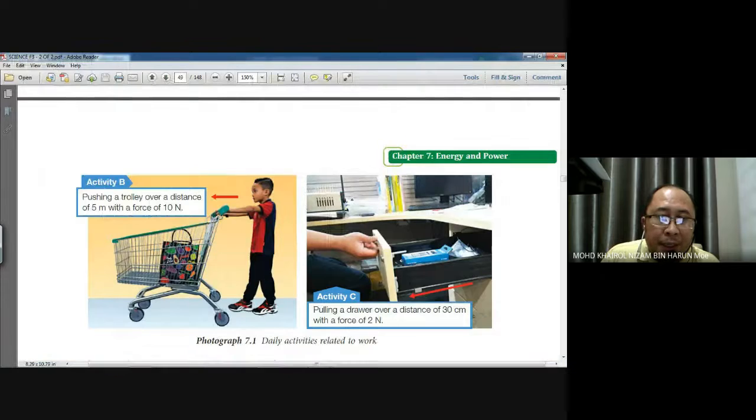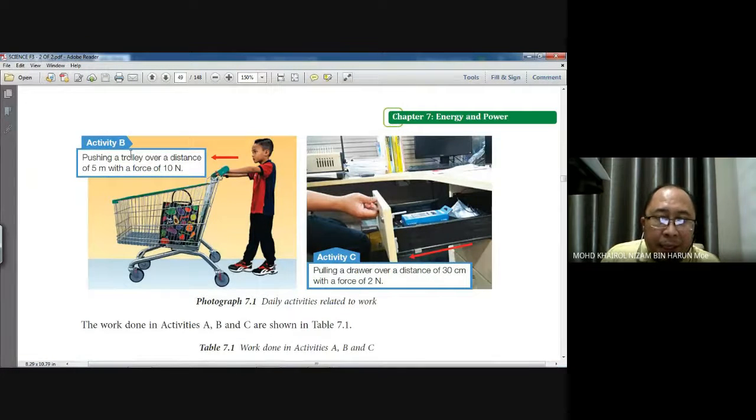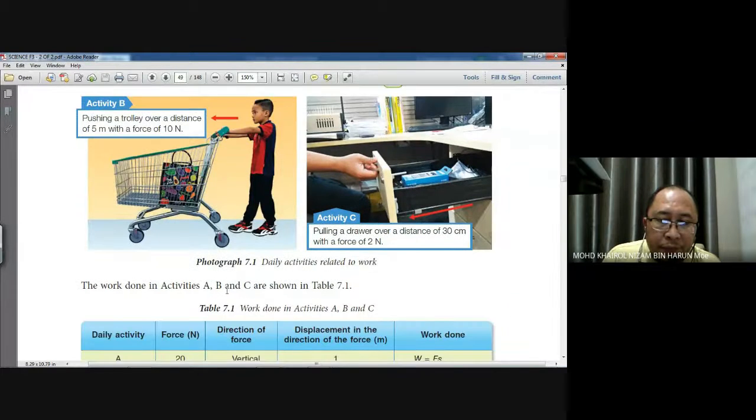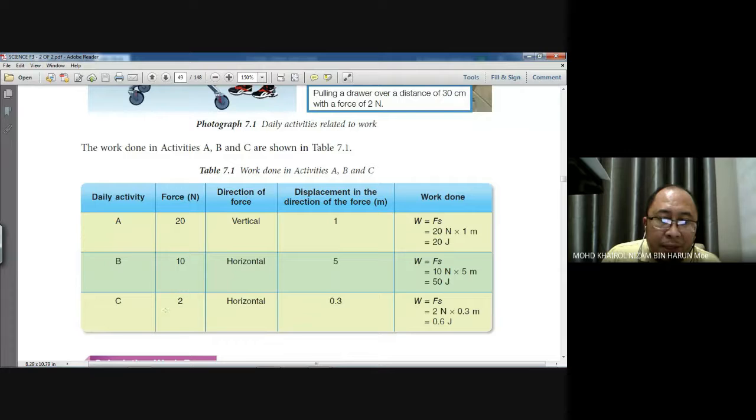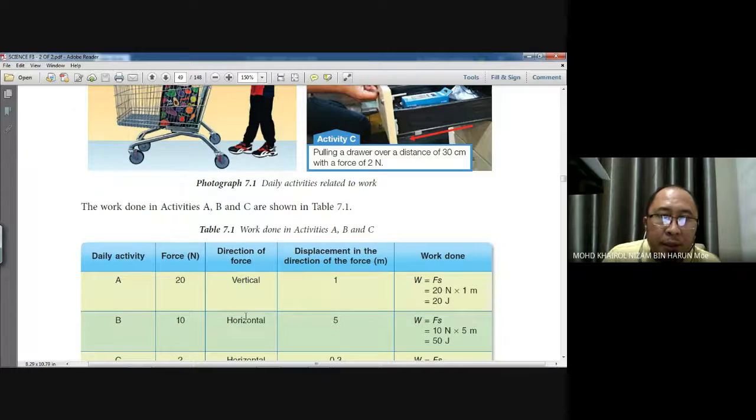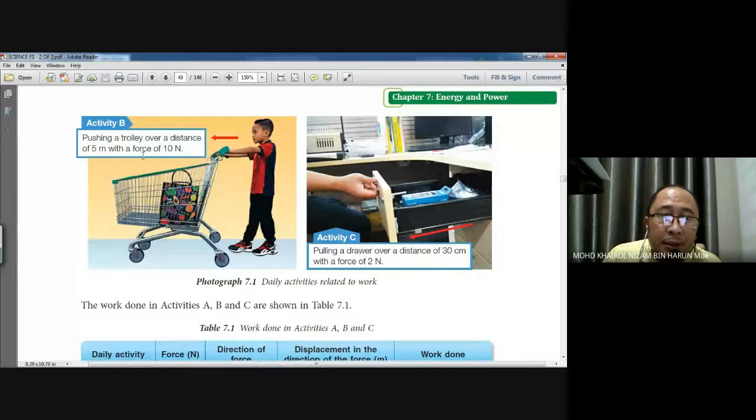Same thing here. If we look at activity B and activity C, we can see that the force is 10 for activity B, and for activity C, the force is 2. This one is given here, 10 Newton.